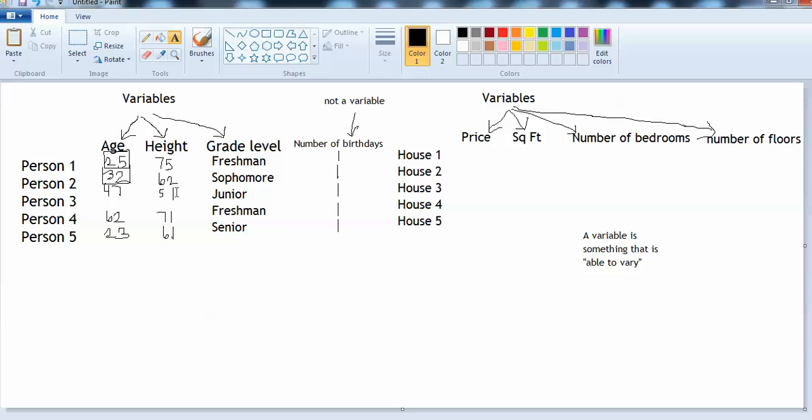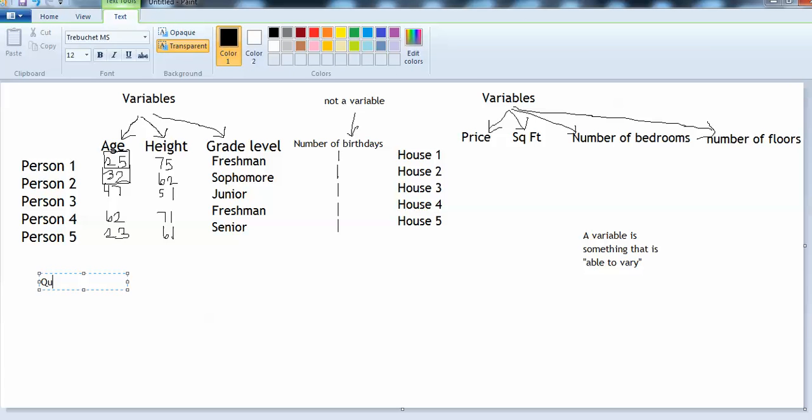So height would be something called a quantitative variable, because each person's height is a number that stands for the amount of something. It stands for a quantity of something. So what is a quantitative variable?